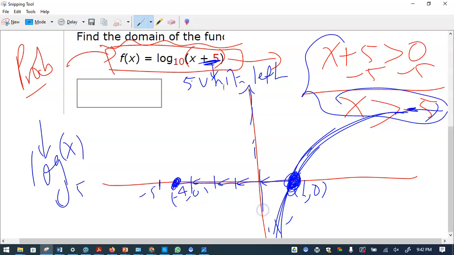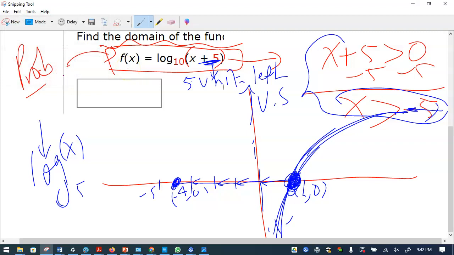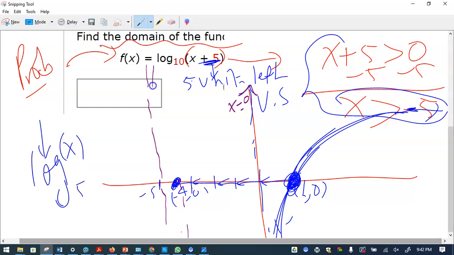So if this is the vertical asymptote, then now there will be a new vertical asymptote, and that will be this one. Oh sorry, I made a mistake, not here, it should be at minus 5. So this is the vertical asymptote, which is x equals minus 5.